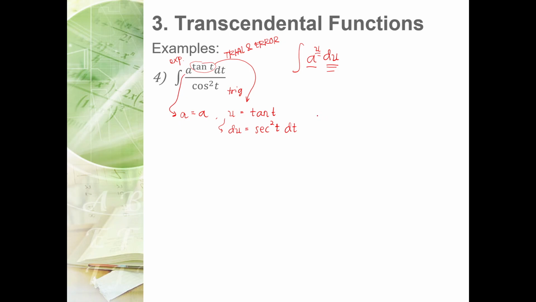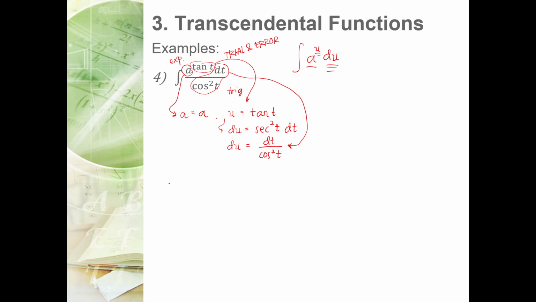Okay. So notice that we have dt all over cosine squared t. Now your secant can be expressed as 1 all over cosine, so this may be represented as dt all over cosine squared t. So notice that this term here is the one in your derivative of u. So in the given equation, there's nothing left to be substituted.